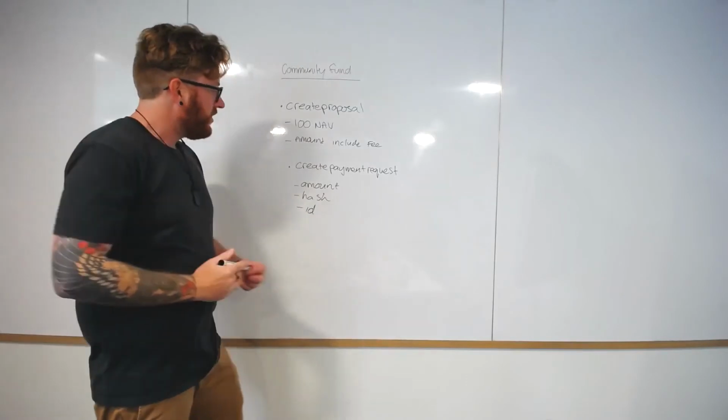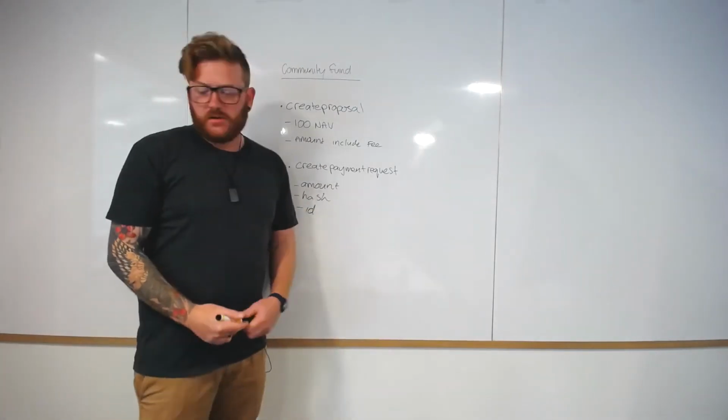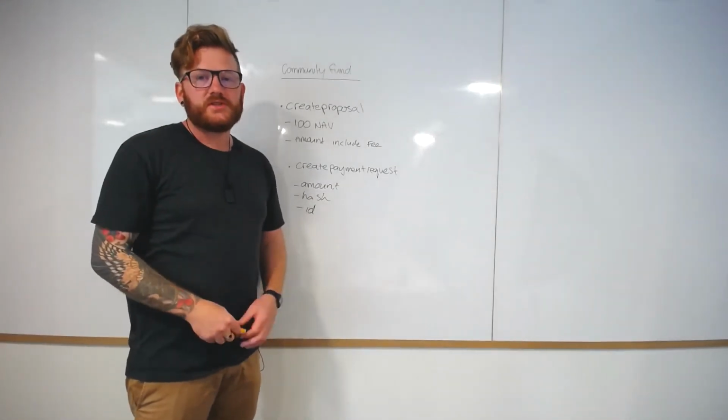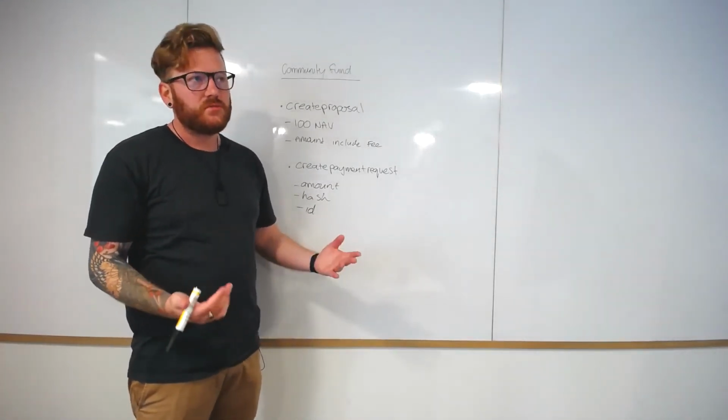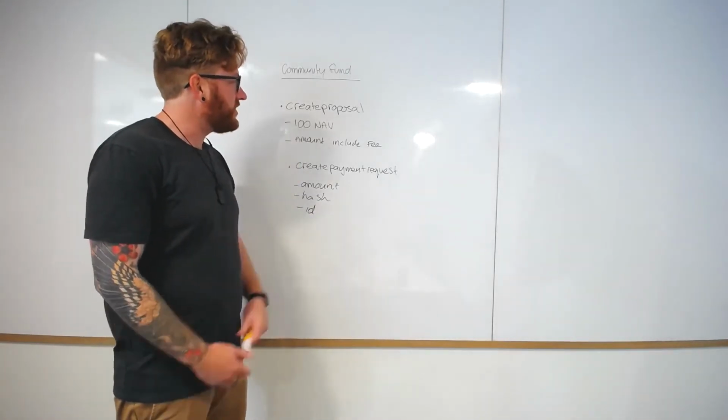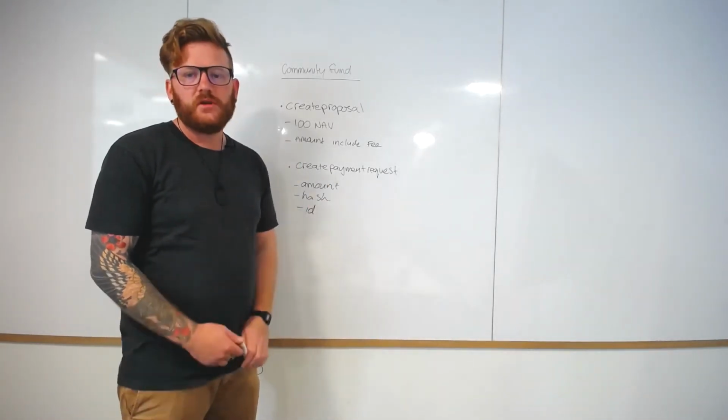Yeah. So the way that the payment requests work is that you can do as many or few as you like, basically, but they always have to add up to less than what you asked for.